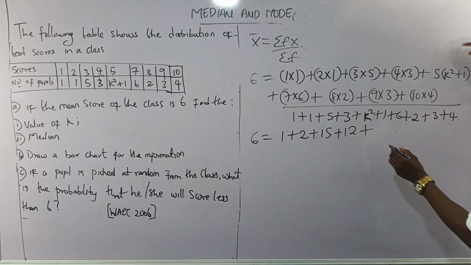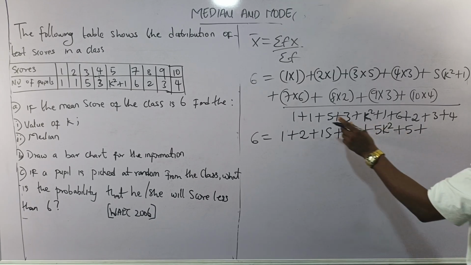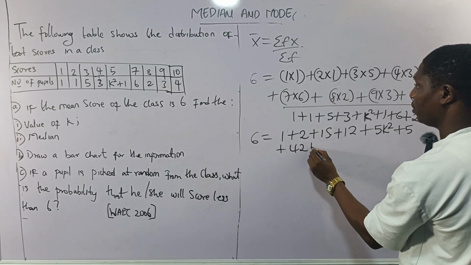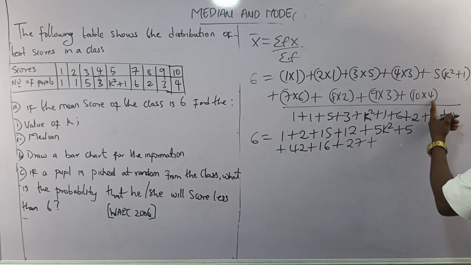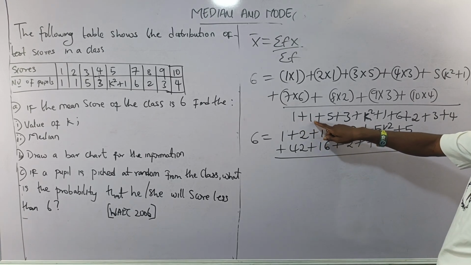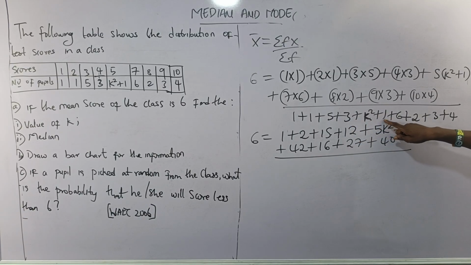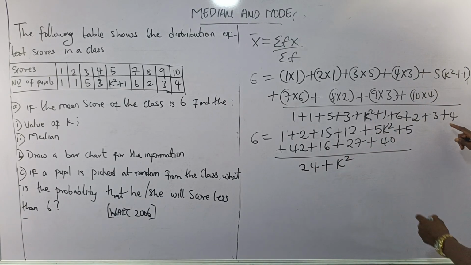And we have 5 times k squared to give me 5k squared, plus 5 times 1 to give me 5, plus 7 times 6, 42, plus 8 times 2, 16, plus 9 times 3, 27, plus 10 times 4, 40, all divided by 1 plus 1, 2, plus 5, 7, plus 3, 10, 11, 17, 19, 20, 22, 24. So we have 24 plus k squared here.